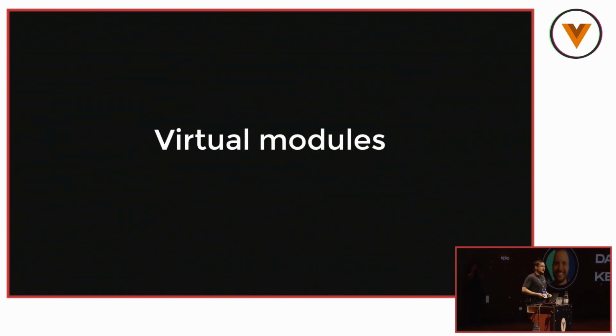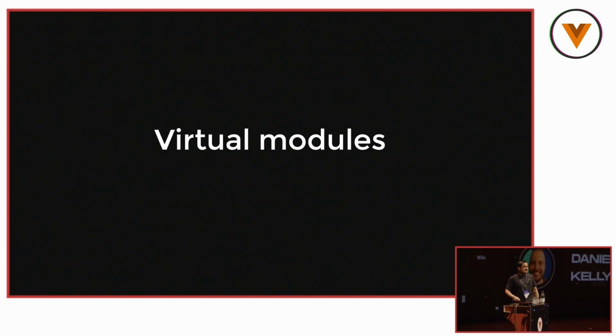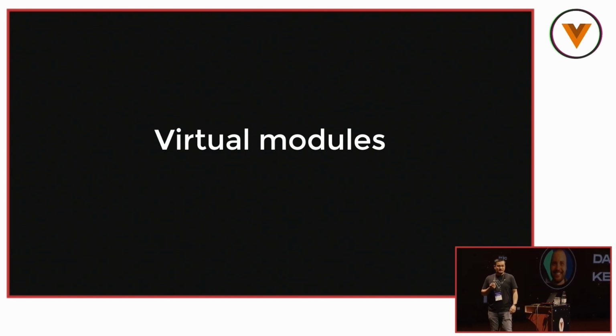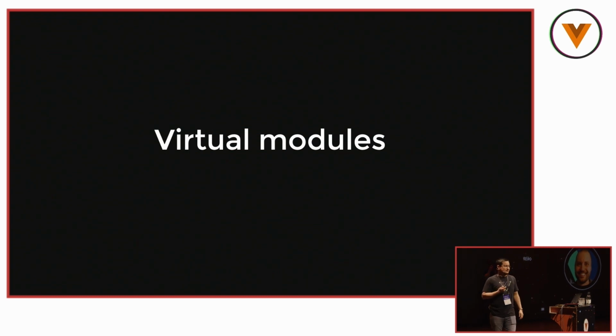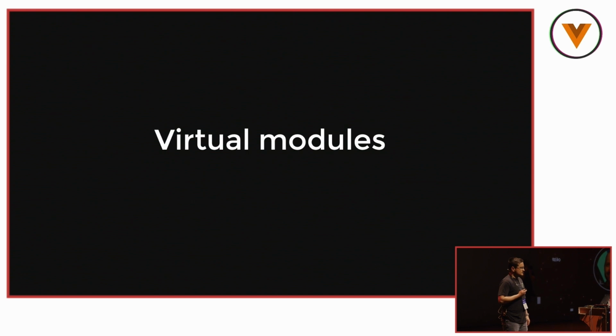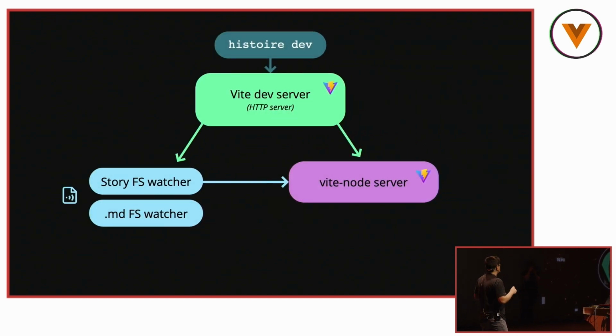The first big feature I liked from Vite that allowed me to build Histoire is called virtual modules. This one is really about creating files from nothing, basically. Files that don't exist on your disk. But before talking about them, I'm going to talk a little bit about how Histoire works when you run Histoire in your terminal.